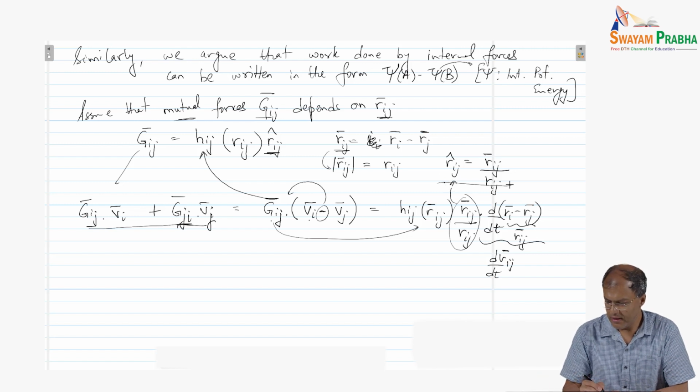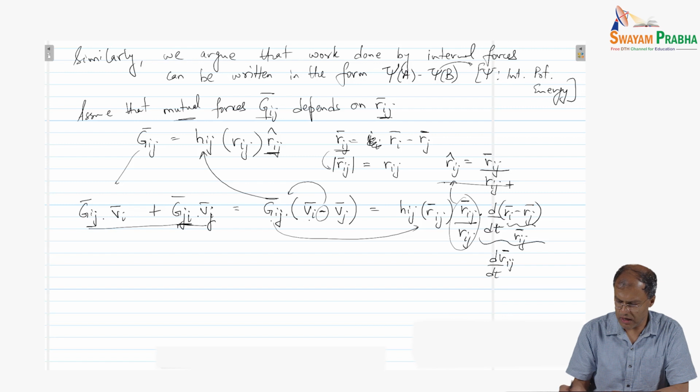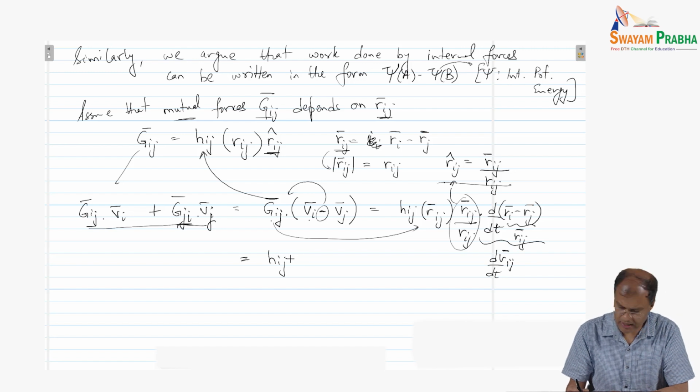Okay, so now we have used a lot of things, so let us recap everything. After all these calculations, we get Hij times Rij dot, right?